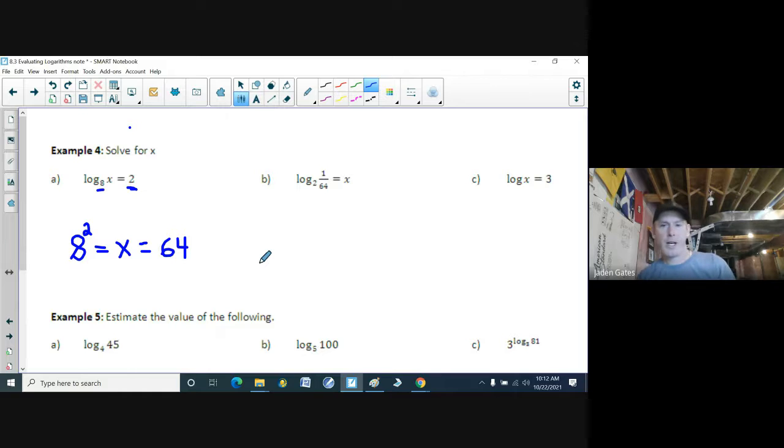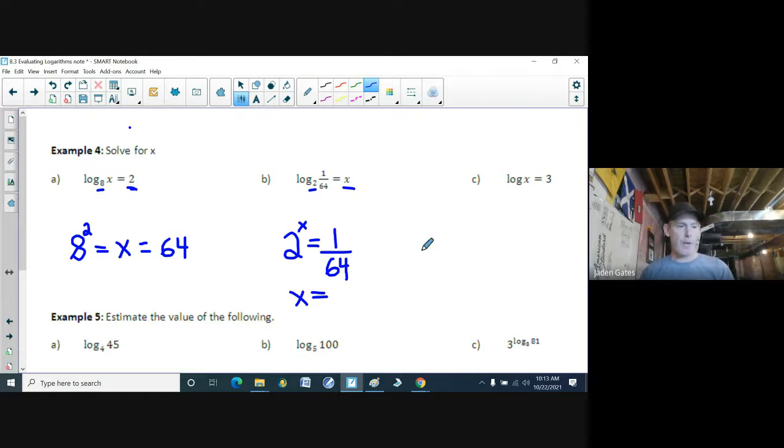All right, next one. Ooh, we have a fraction here. So again, there's my base. There's the exponent. And the answer is a fraction. Now, when the answer is a fraction, that means our exponent is going to be negative.